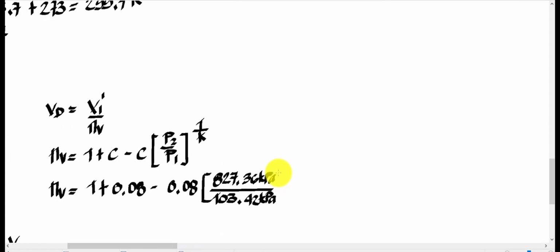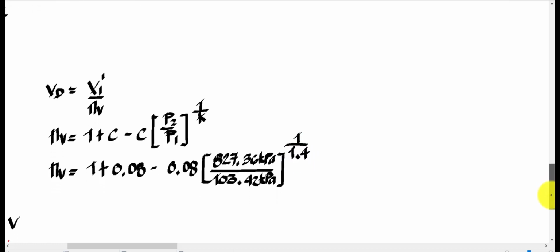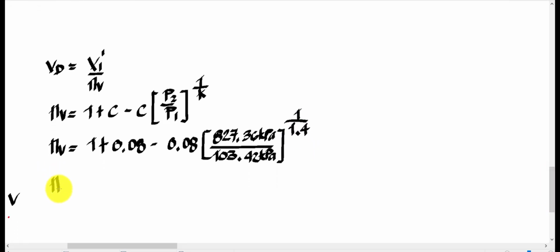Then it is raised to the power of 1 divided by 1.4 for the K value. Now we have the value of volumetric efficiency, which is 0.7267.